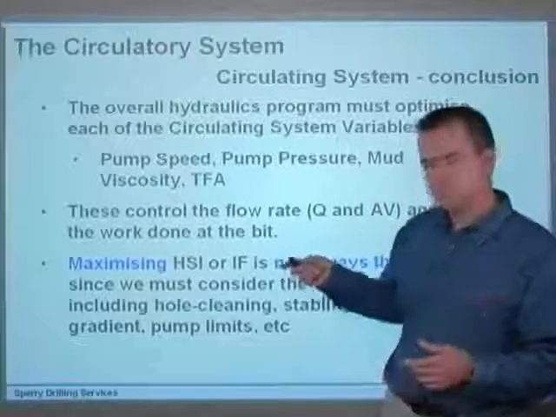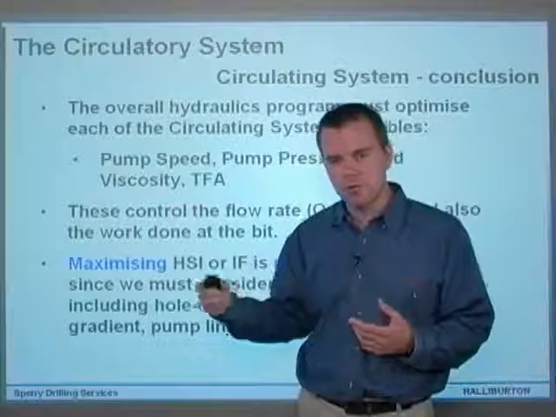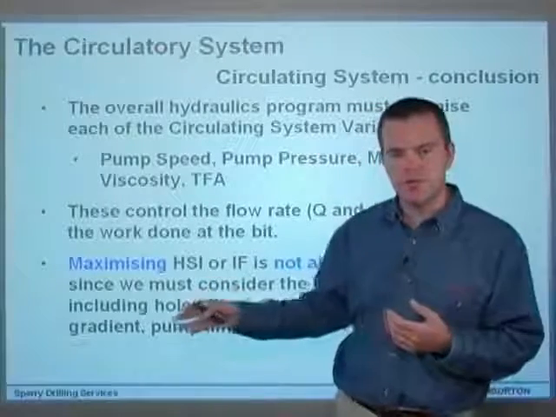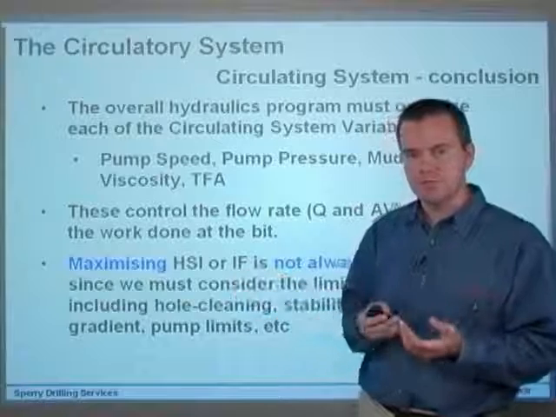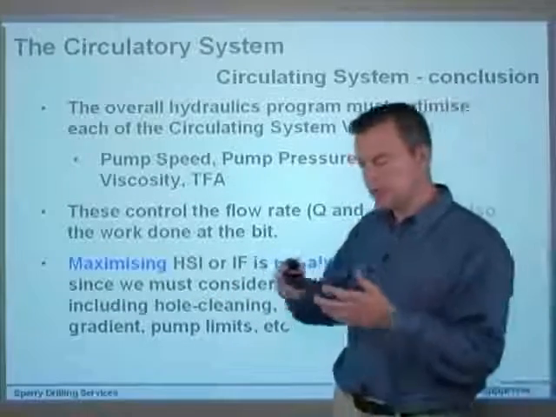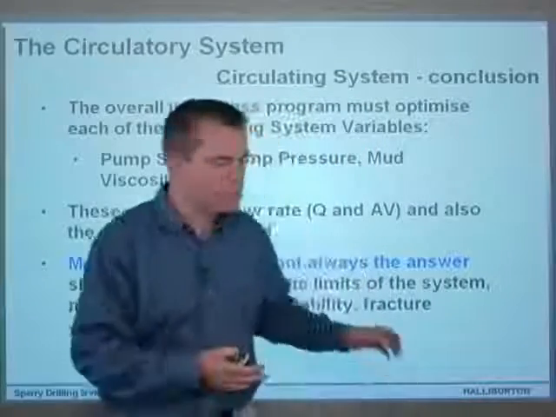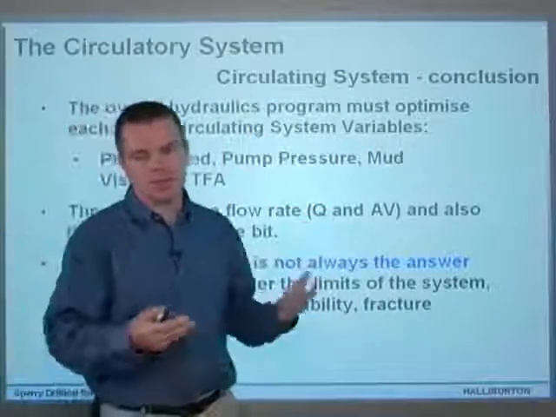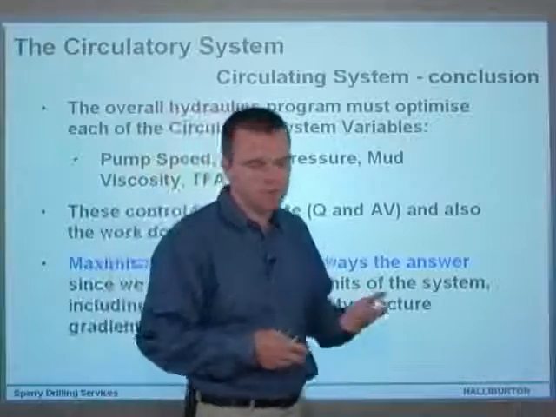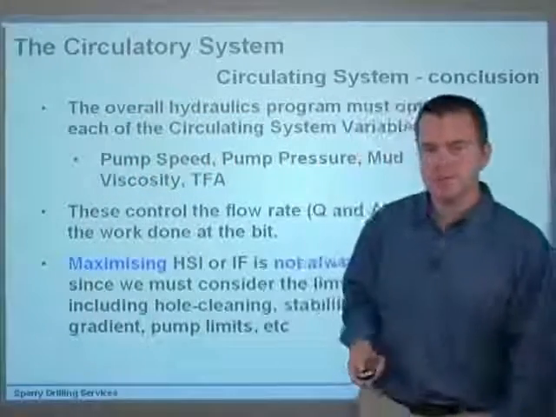And so I hope it's made it clear, although we've got the option to optimize your hydraulic horsepower and your impact force, that's not always the answer. We can plot these graphs, but this is not always the answer, since we've got to actually consider the limits of the system, including the hole cleaning, the stability, the fracture gradient, the pump limits, everything else.